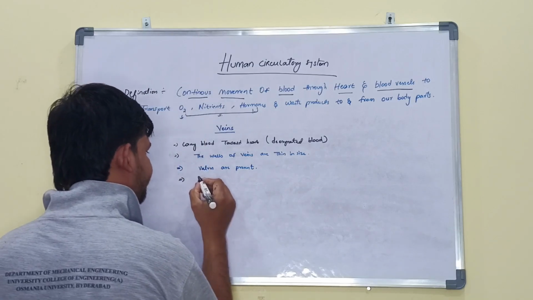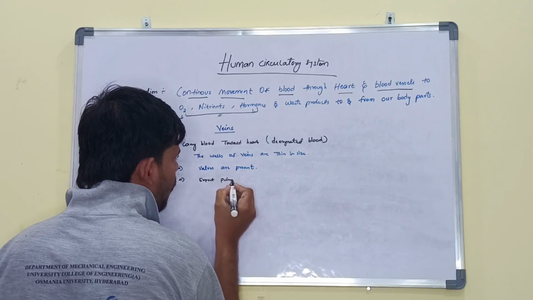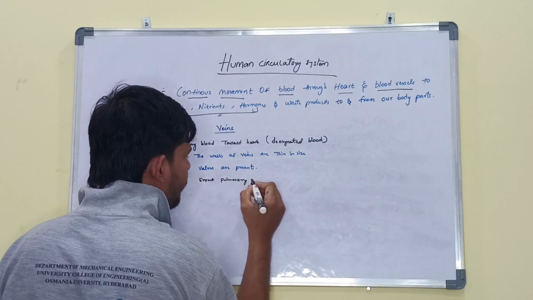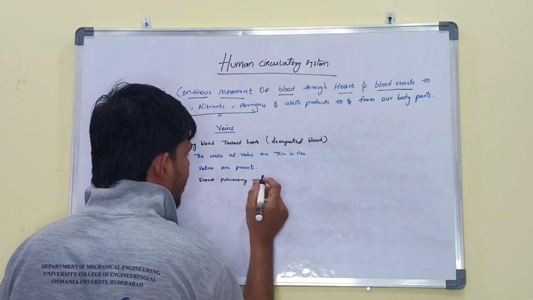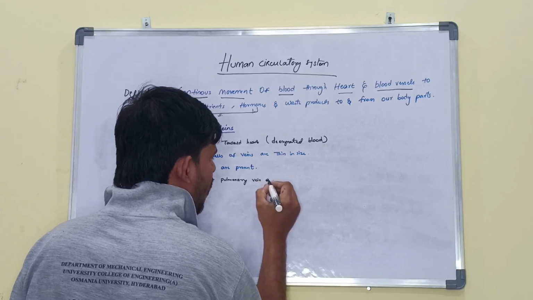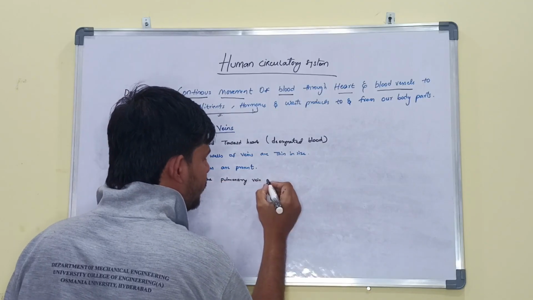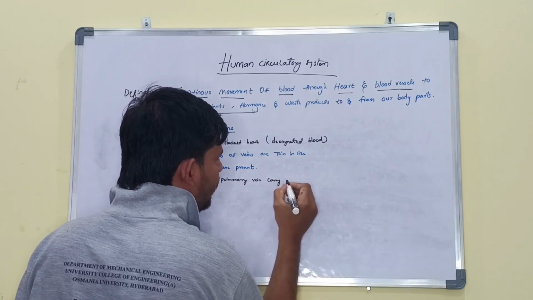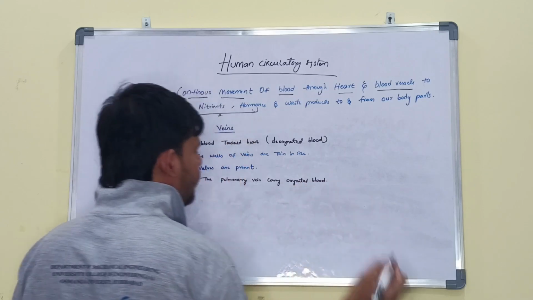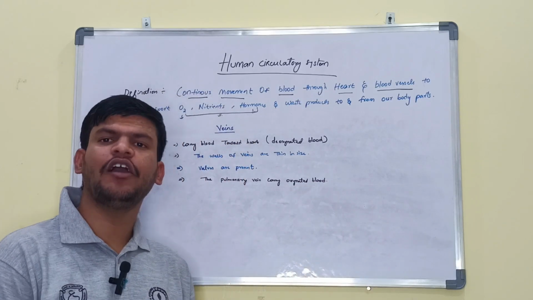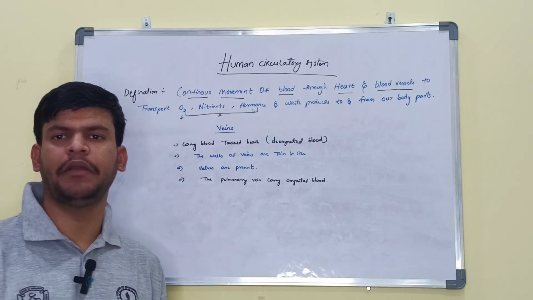Fourth point is, except pulmonary vein, all the veins carry deoxygenated blood, whereas the only one pulmonary vein will carry oxygenated blood.